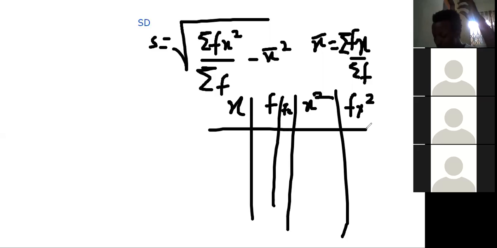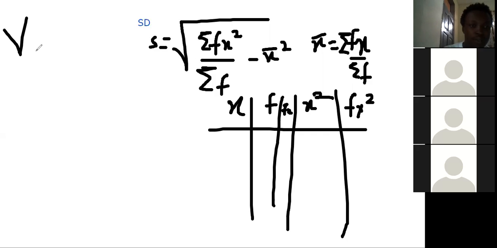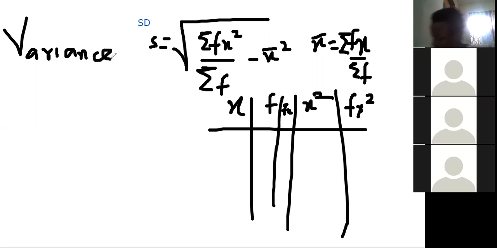Yes, sir. Now let me just do the last one, the variance. It is given by V. It is very simple. This is the spelling of the variance. The variance is the square of the standard deviation.